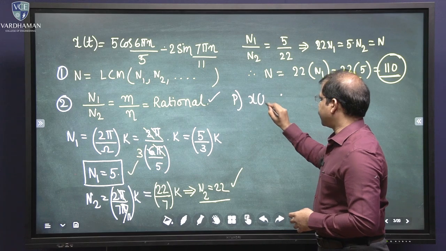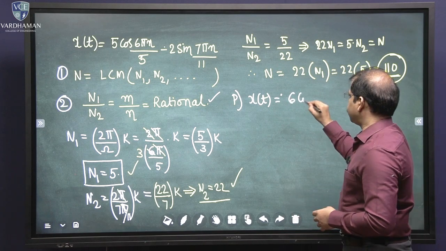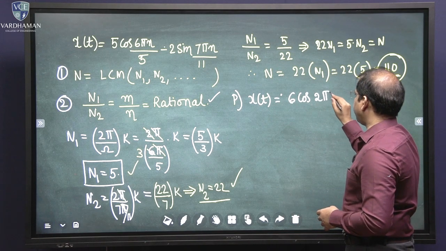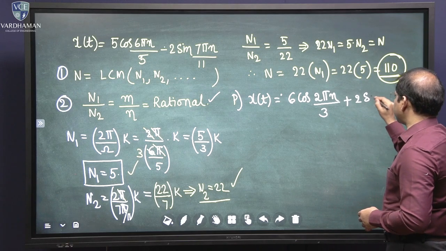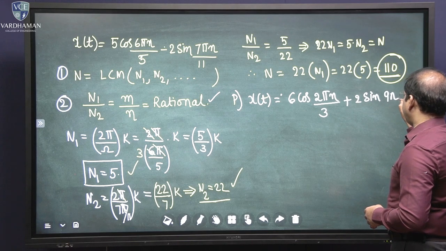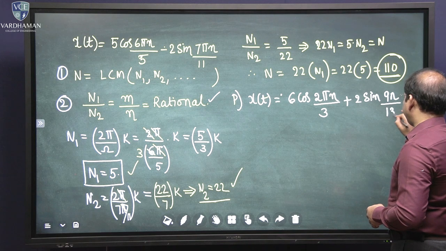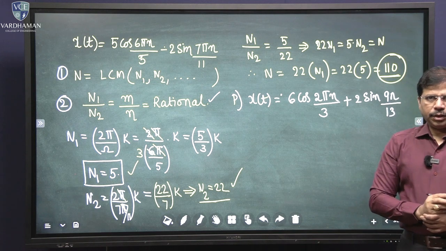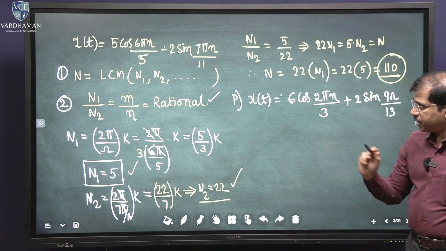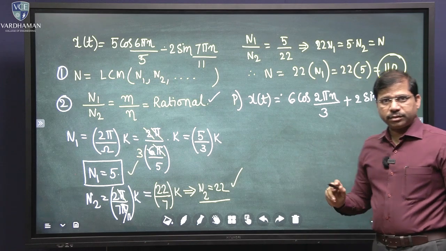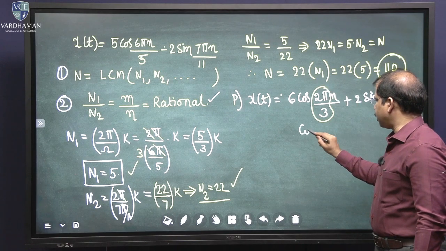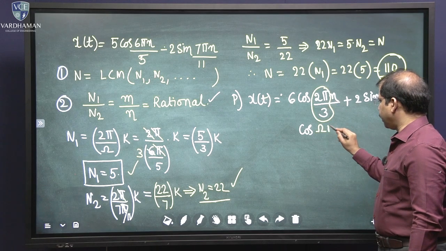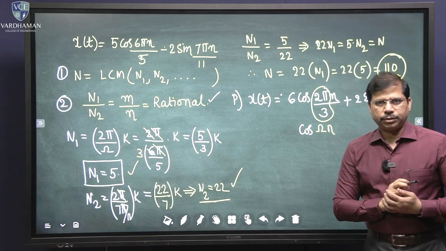Okay, x of t equals 6 cos 2 pi n by 3 plus 2 sine 9n by, let's say, 13. Now that's what I said in the beginning of this discrete signal, isn't it? You look at this: this is cos omega n, is it not?